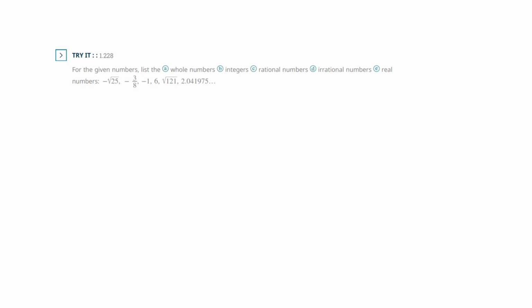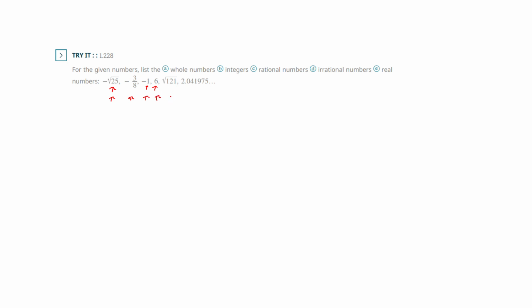Okay, pause this if you want to try on your own. Go through this here. Whole numbers, it's only 6. Integers are negative 1 and 6. And then this turns out to be negative 5, so a little tricky there. Okay, rational numbers are any that can be done as a fraction. Well, that's negative 5, so it could be. That can be made a fraction. That can be made a fraction.